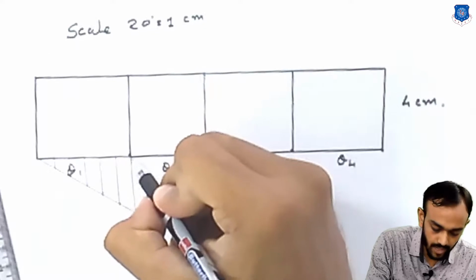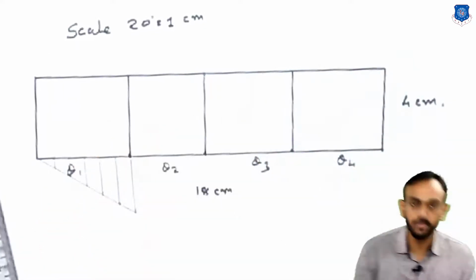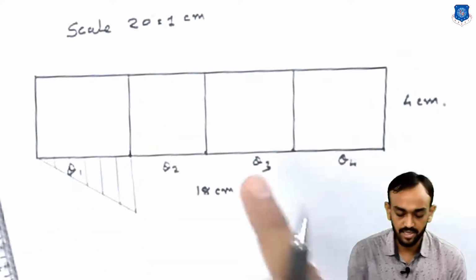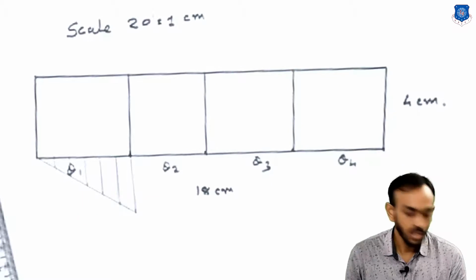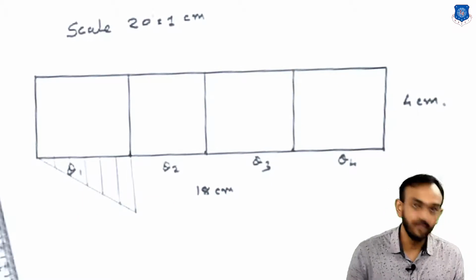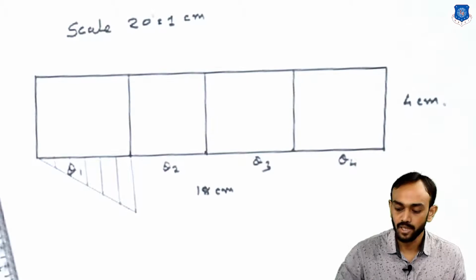So we get the 6 partitions of that rise. Now theta 3, which is 4.5, you can divide into 6 parts as well.